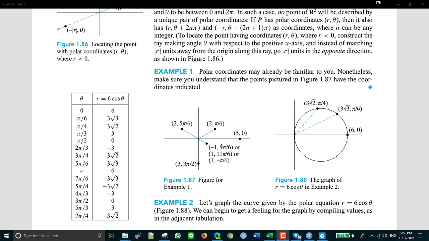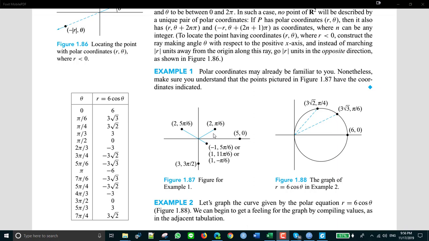So here are some sample coordinates. Here's a length, radius of 1, or actually, I guess it's negative 1. And, oh, sorry, let's go here. Distance is 2, and this is pi over 6. So what is pi over 6?